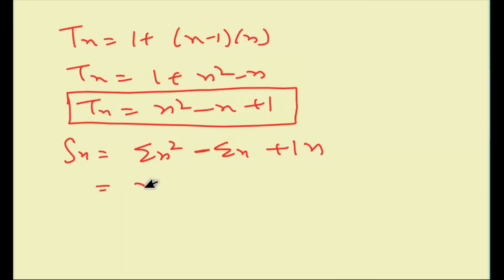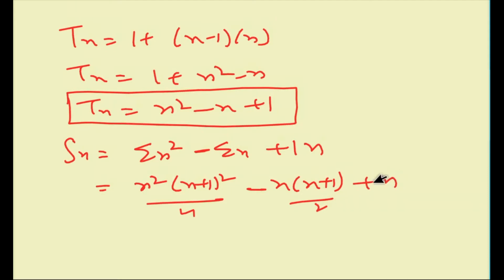So using this formula of sigma n square, as you know well, okay, we can find out the sum of n terms. And after taking the LCM, if you want to open it, then you can open it and write the answer of Sn.